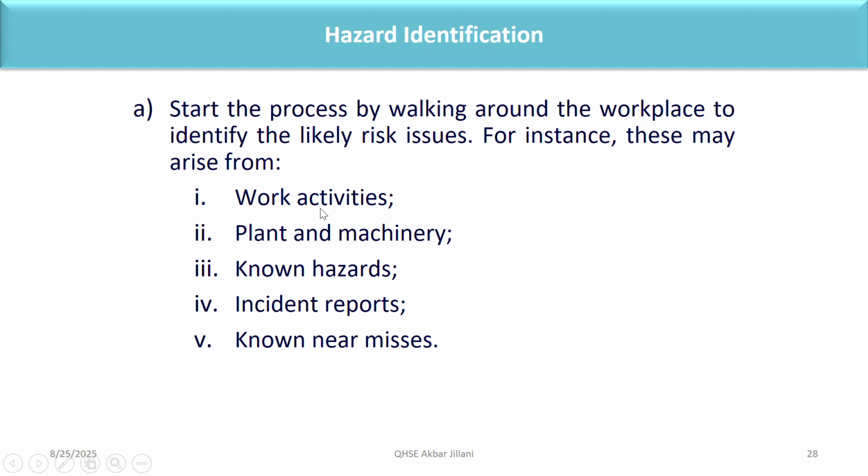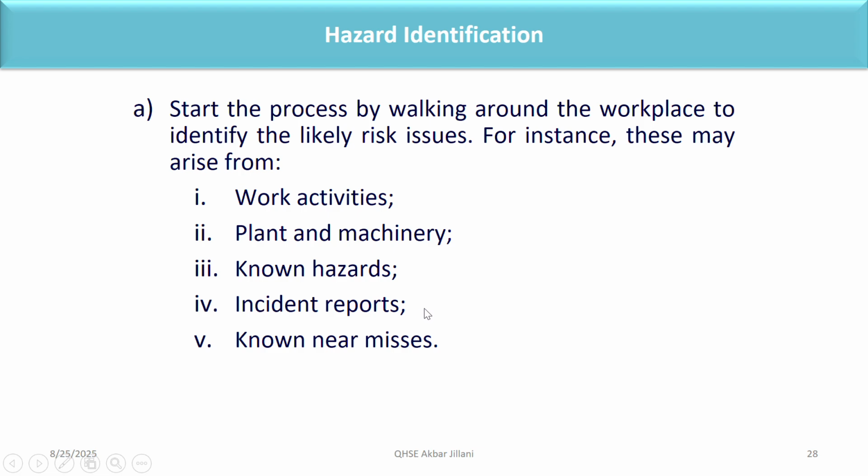Work activities: what are the work activities that include our hazards? Plants and machinery: what is the type of machinery, and what are the hazards that we have from the plants and machinery? Known hazards: what are the hazards that are already known to us, meaning the existing ones that we know about?